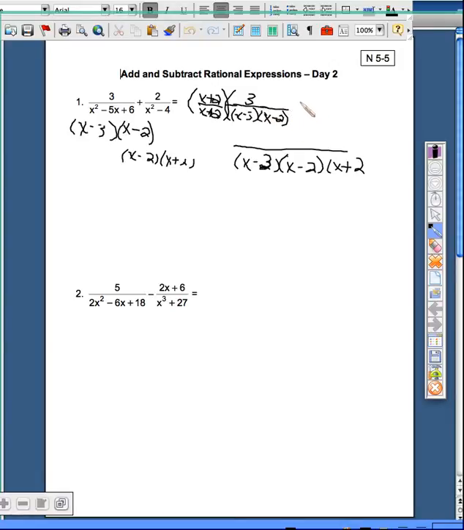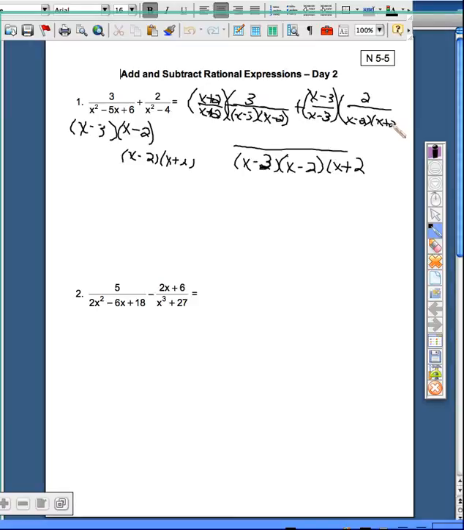All right, then we have plus, and we're going to multiply this one by what's missing, which is the x minus 3. Again, we multiply by 1 in the form of x minus 3 over x minus 3. Any number over itself or any expression over itself is 1. And that's going to be multiplied by 2 over x minus 2 times x plus 2.